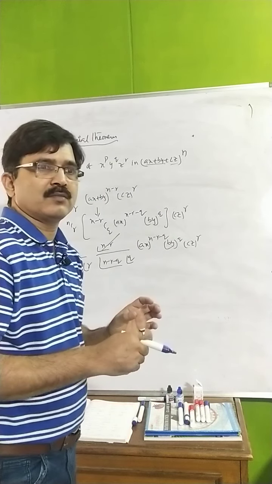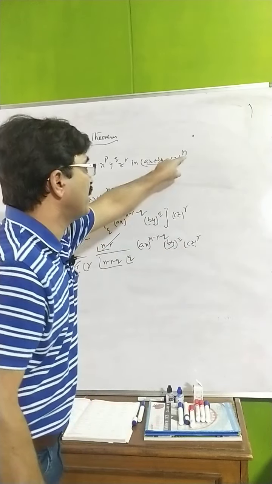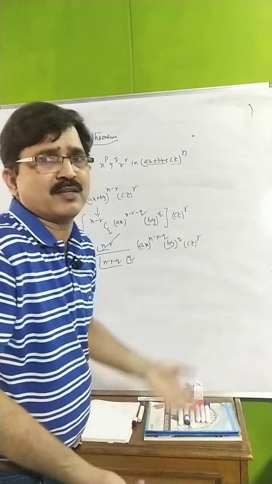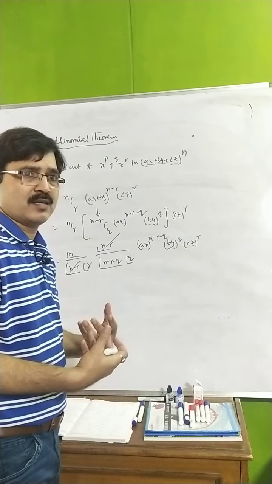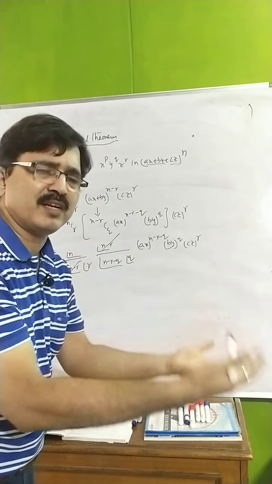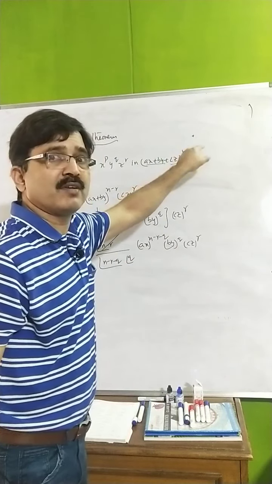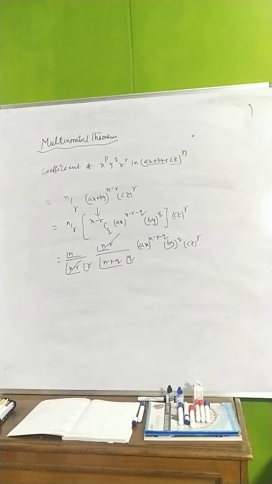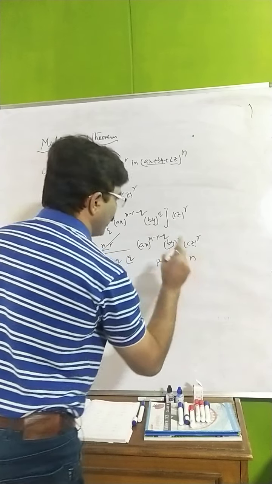You take any term, the sum of the powers of the variables must be equal to the exponent of the given binomial. Whatever term you take down here, any number of variables are there, you just add the exponents of the variables, it should be equal to the given exponent of the binomial. The same rule is applicable for multinomial also. So that means p plus q plus r must be equal to n.